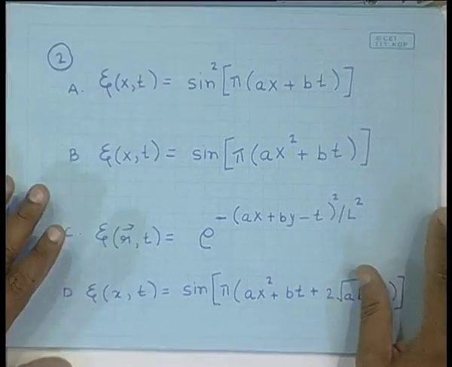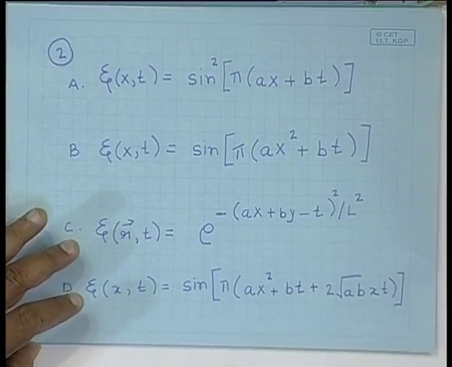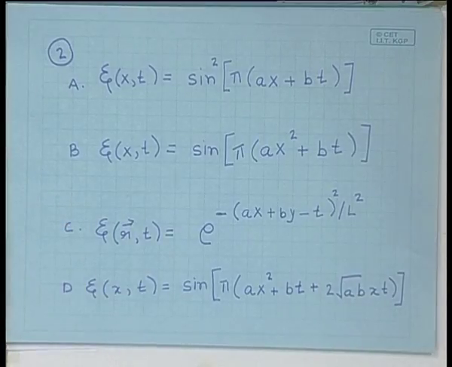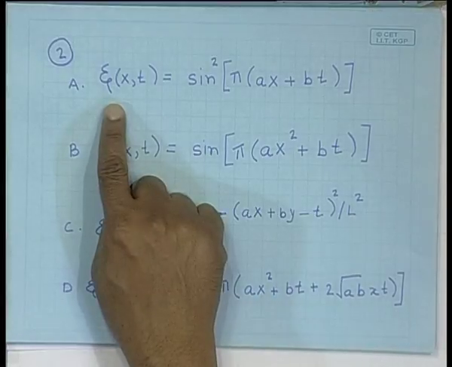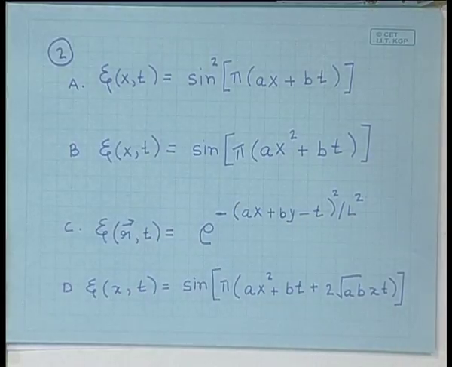Now, let me take up the next problem. The next problem is as follows. We have 4 different functional forms for the displacement xi, and the question is, do these functions represent travelling waves?